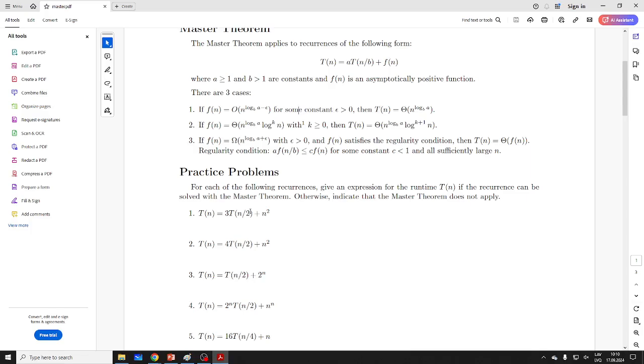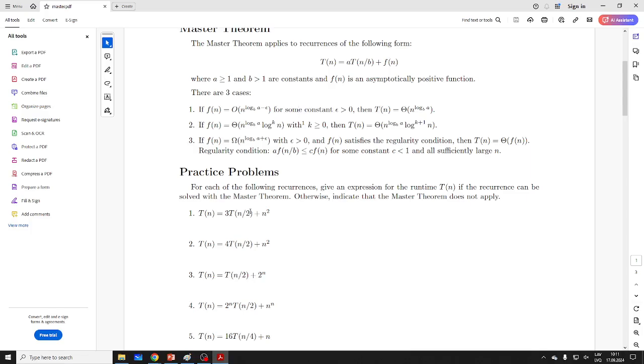But the crucial part is that it's less than 2. If this was 4, it would be 2 exactly. So we can tell it's some epsilon below, like 0.5, I don't know. And what does that mean? Which case is it?